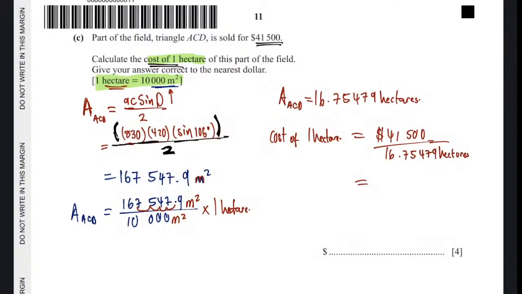You've done a lot of work. Just tell us what the cost of 1 hectare is. Remember, cost of 1 hectare is like saying cost per hectare. What should you get?